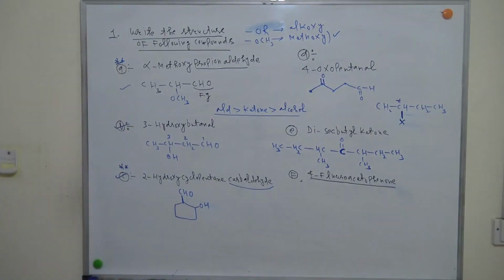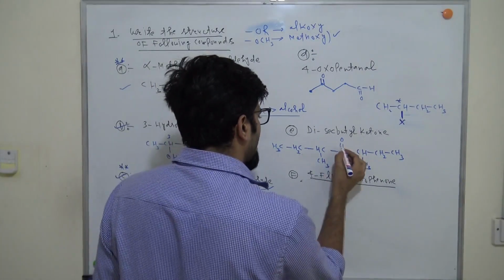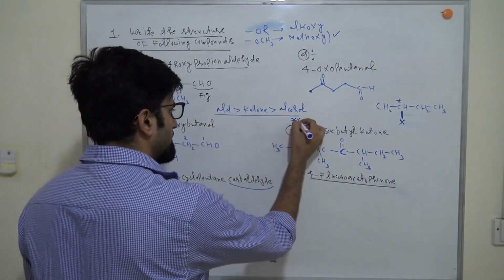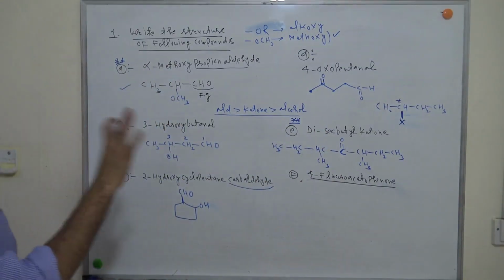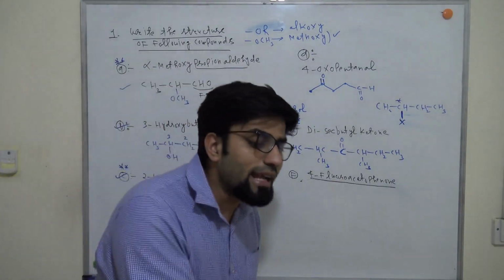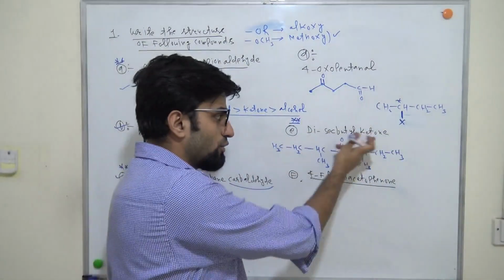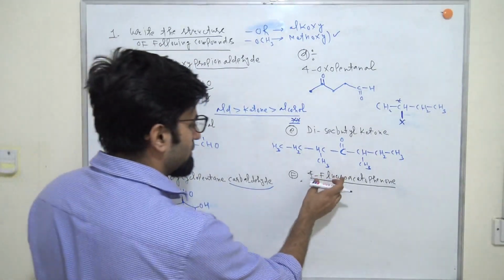So this is your di-secondary butyl ketone. Understood? This one is also good. Whenever secondary butyl is used, it means the second carbon of the butyl group is attached to that thing, like the ketone here. Okay, so that's it.